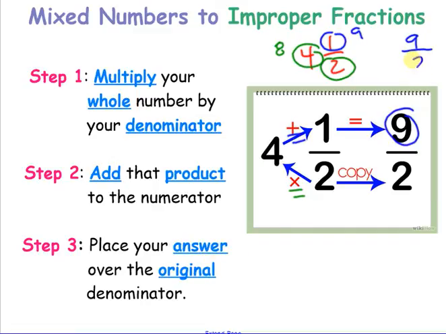Now you keep the same denominator from before and you're done. So if you want to think about it quicker, you multiply the bottom, add the top, keep the denominator. It's multiply, add, and then keep the denominator.